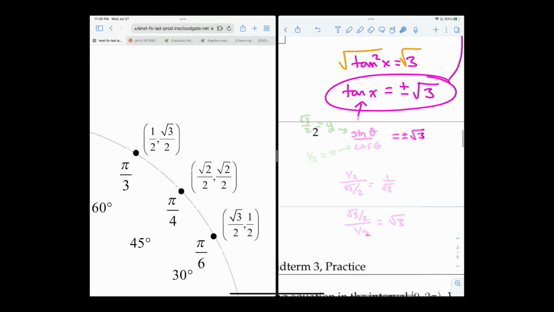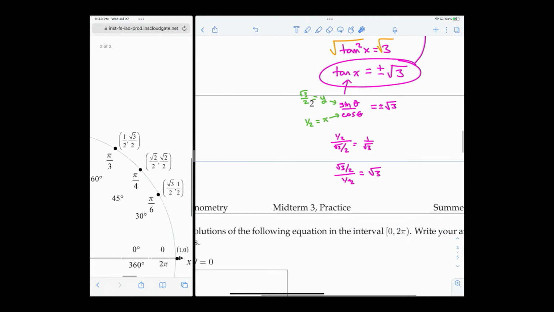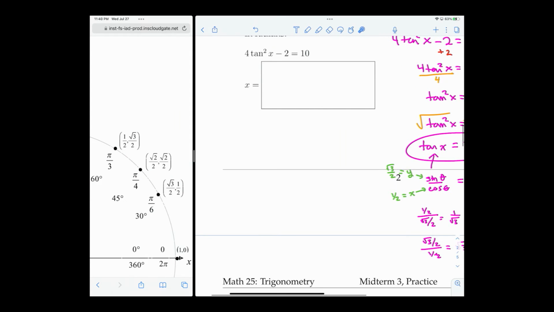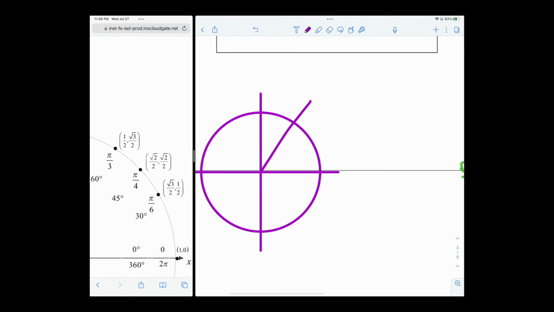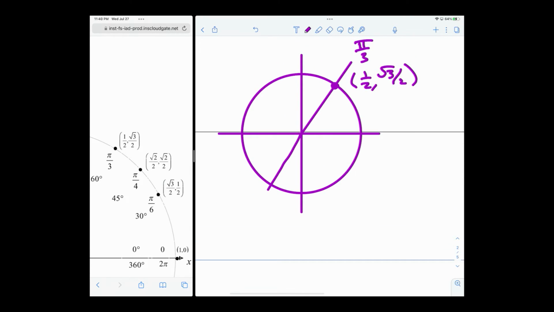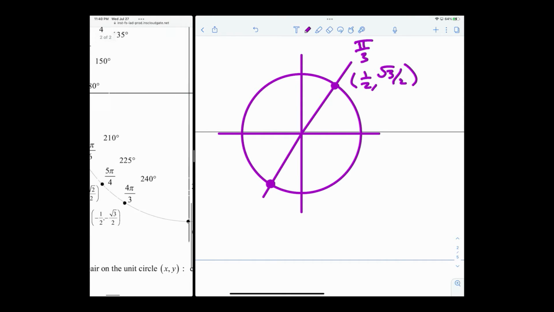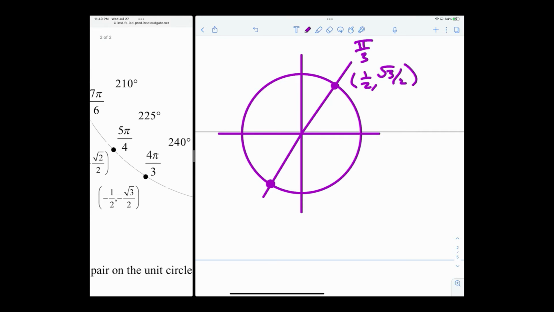Okay, so there was some explanation for that. If you look at the unit circle then, what we're going to end up with is pi over 3, that's one place where you're going to have 1/2, square root 3 over 2. On the opposite side down here, there's another place that's going to be 4 pi over 3.